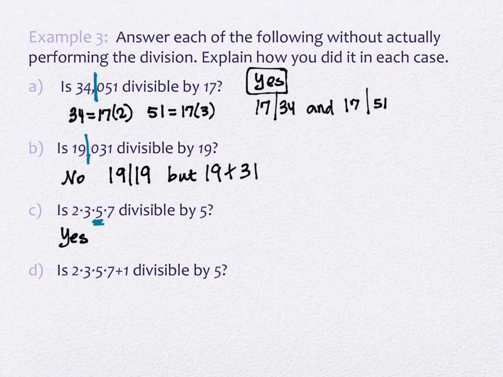But the more basic level is that yes, and this is because 5 is a factor of 2 times 3 times 5 times 7. We could also say that 7 is a factor, and 3 is a factor, and 2 is a factor. There are 4 prime factors written down in this factorization. All 4 of those will divide this number.